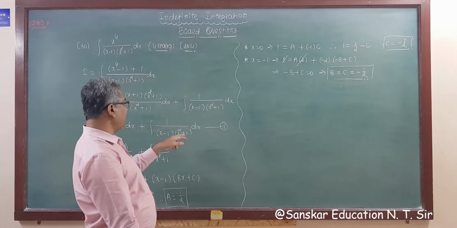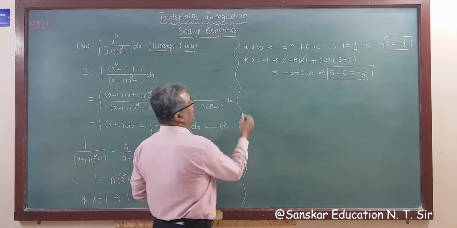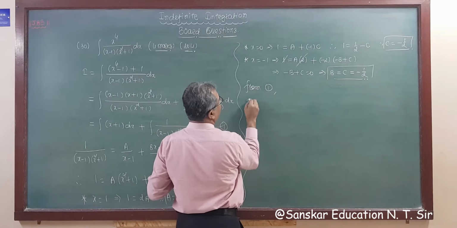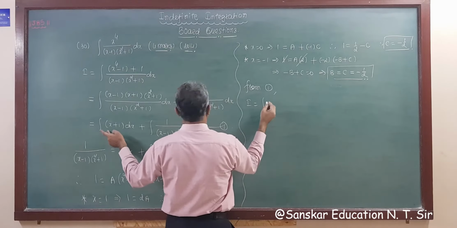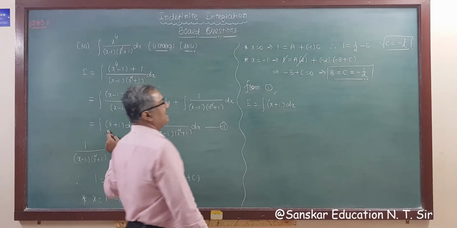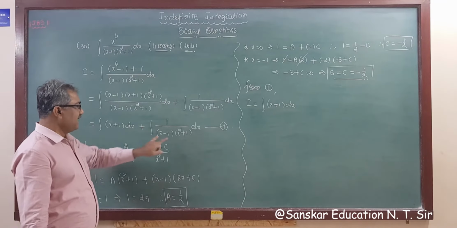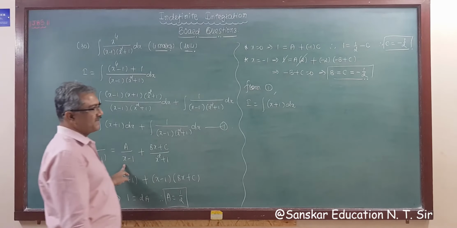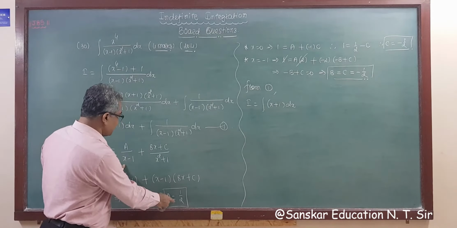So substituting all the values in equation number 1. From 1 we get integration of x plus 1 dx, plus, instead of this we are applying the partial fraction method. So a upon x minus 1, and what is a? A is half.